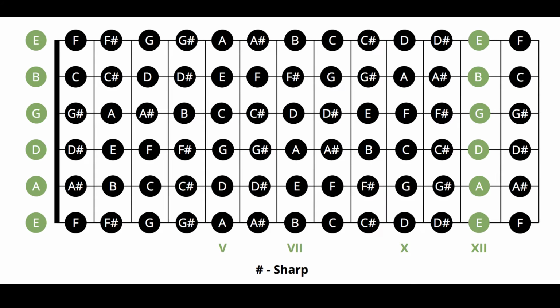In the case of the fretboard, as I showed at the very beginning, when you play the strings from bottom to top, we have E, which means mi, B, C, G, Sol, D, Re, A, La, and E, mi again, right?